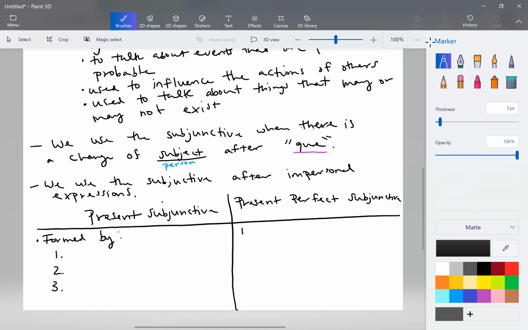How do we form the present subjunctive? You add the ending to the AR, ER, IR verb. Mm-hmm. That's one of the steps for sure. Take off AR, ER, IR. Almost. It's the same as forming the command. So what's our first step?